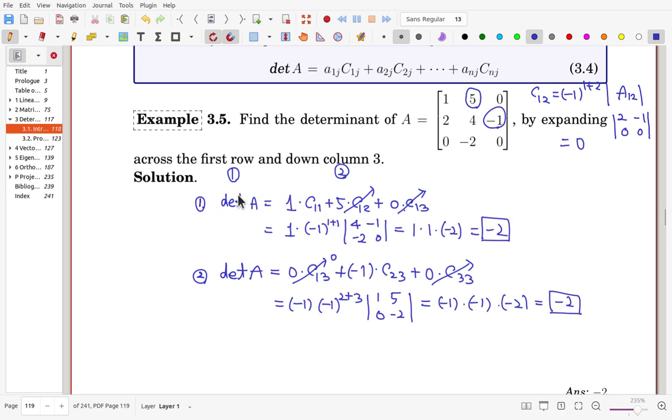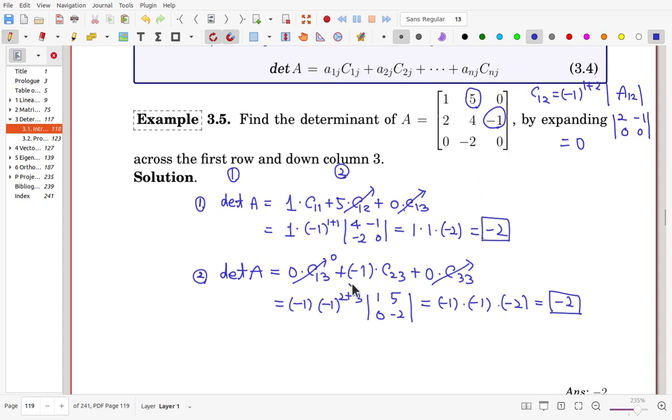Across the first row or down column 3, we have the same result. But apparently, down column 3 is easier because you have more zeros, so you don't have to worry about this portion, that portion.